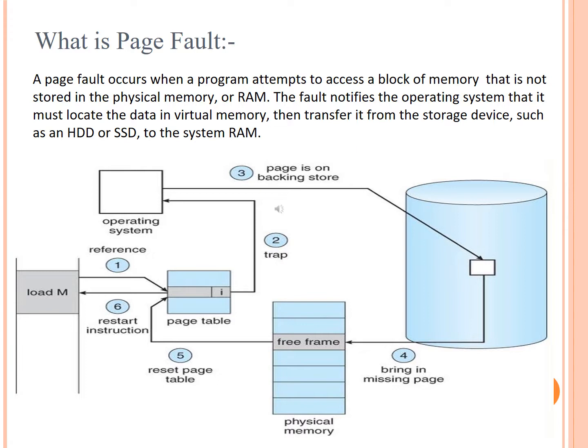The faulting instruction is backed up to the state it had when it began and the PC is reset. The faulting process is scheduled, and the OS returns to the routine that called it.